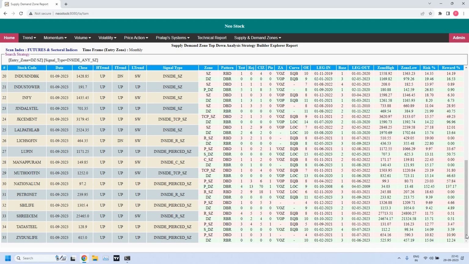So total 35 stocks are filtered where price closed inside these monthly supply zones. So please check the list and identify high liquidity zones, and based on that you can prepare your trade plans.